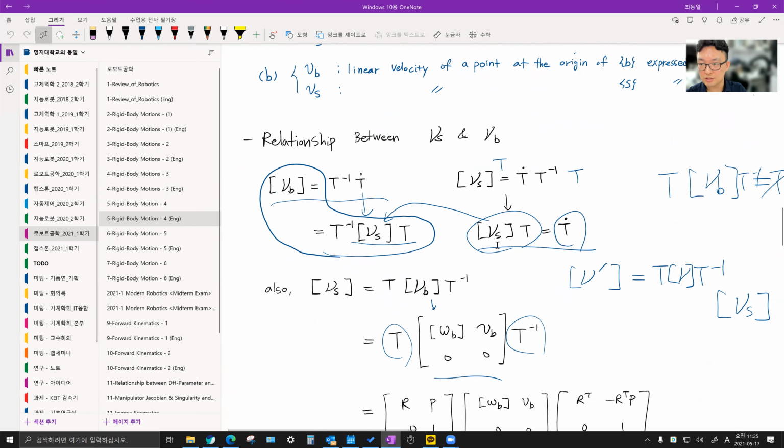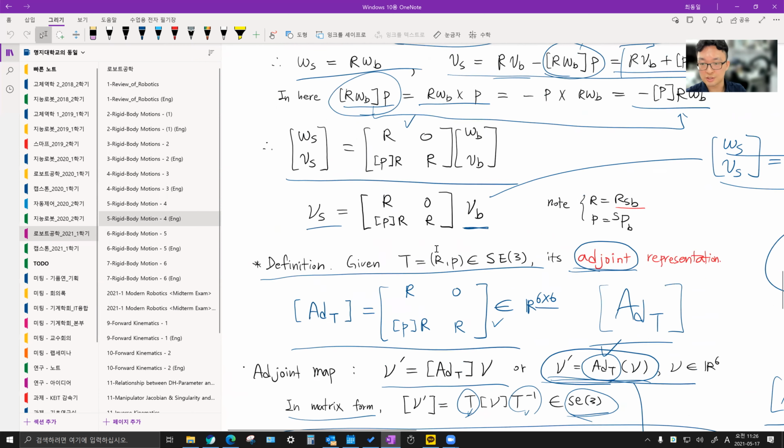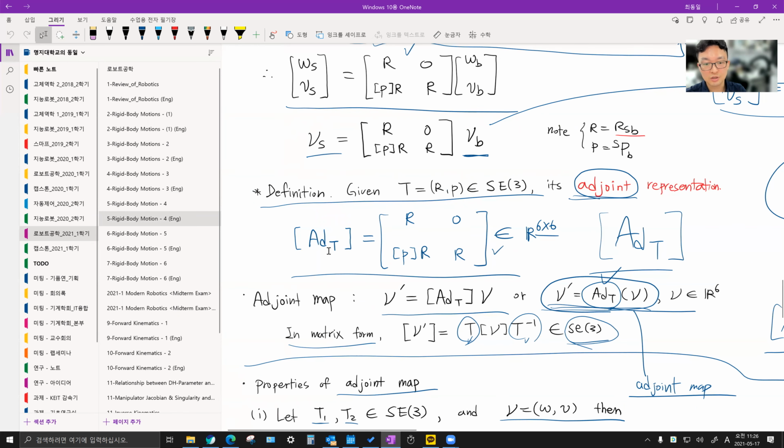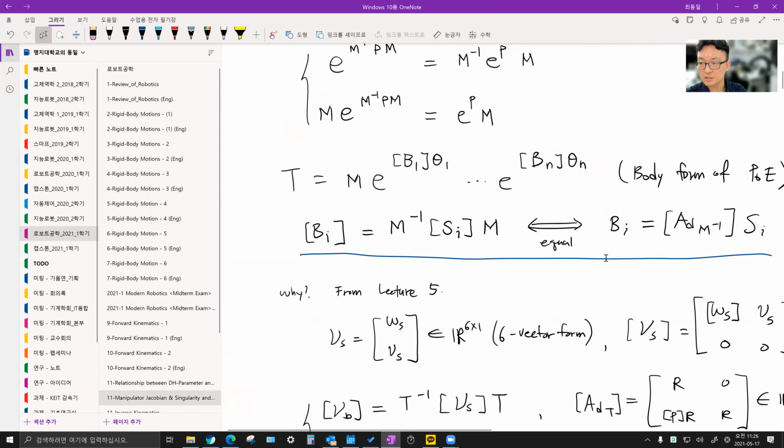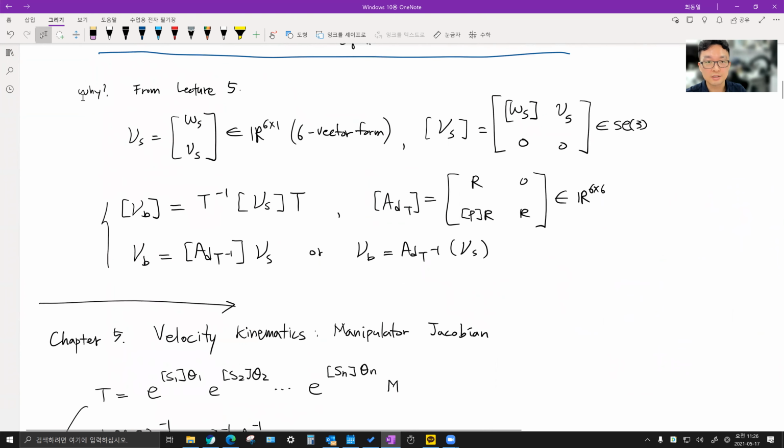There, T inverse, actually T is changed to M, and the space twist can be converted to the body twist. This concept was introduced as adjoint. The same thing can be applied here.